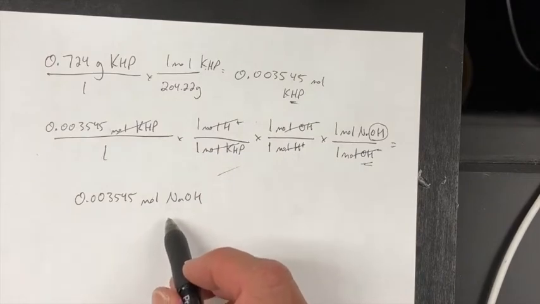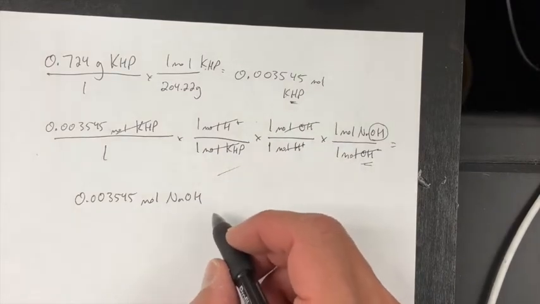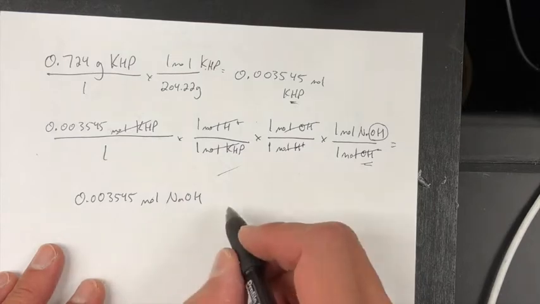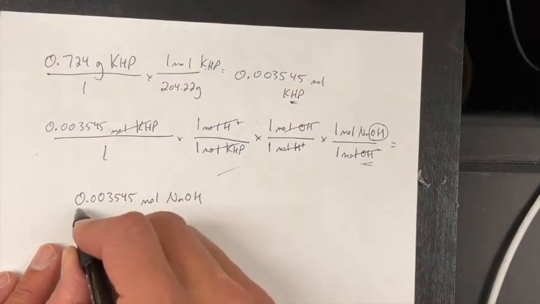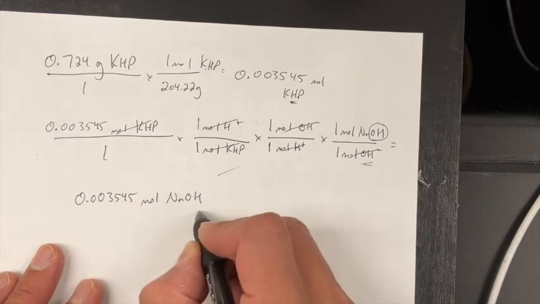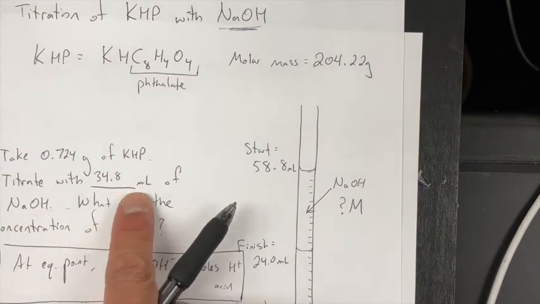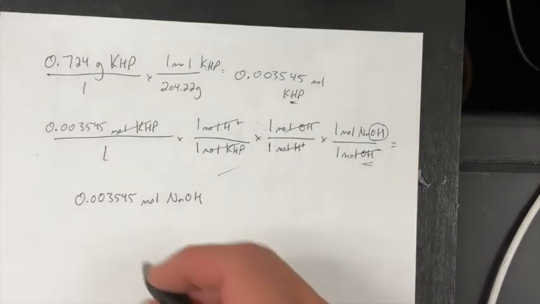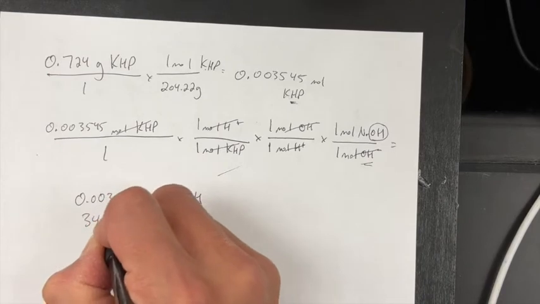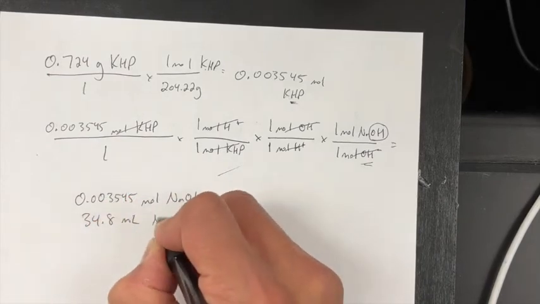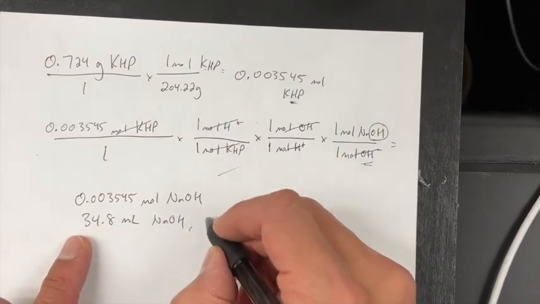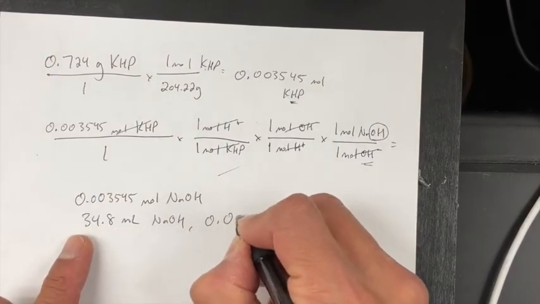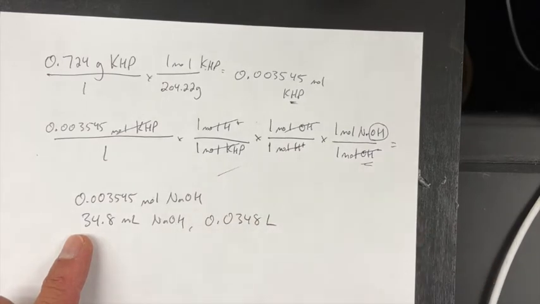Now, how does that translate to molarity of NaOH? Well, I know that this is the moles of NaOH. And back here, we titrated with 34.8 milliliters. So I have 34.8 milliliters of NaOH. Well, that also equals 0.0348 liters.